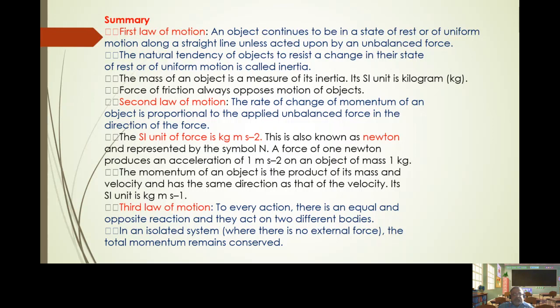This is also known as Newton and represented by the symbol N. A force of 1 Newton produces an acceleration of 1 meter per second squared on an object of mass 1 kg. The momentum of an object is the product of its mass and velocity and has the same direction as that of the velocity. Its unit is kg meter per second.